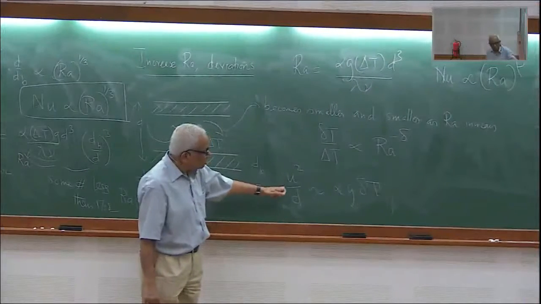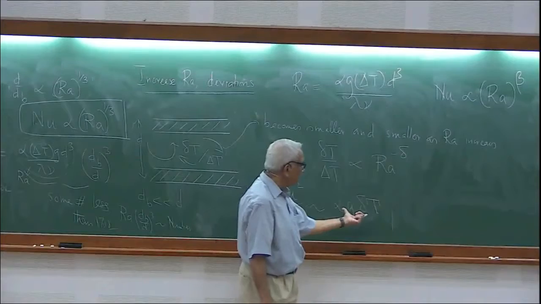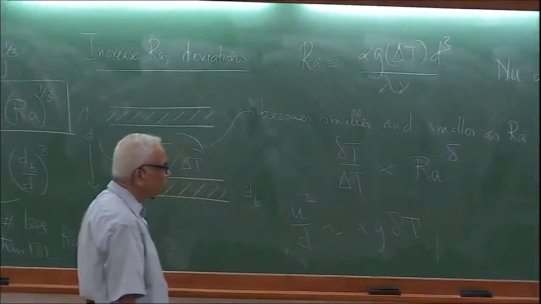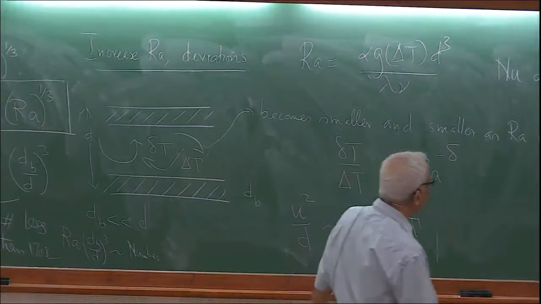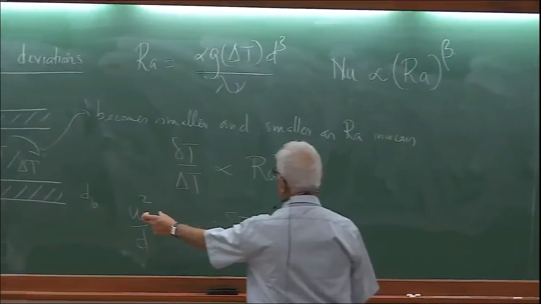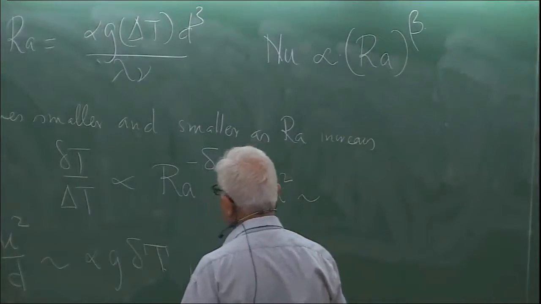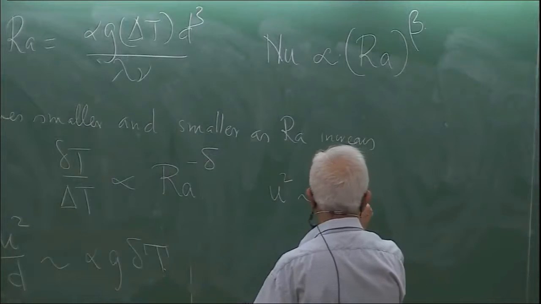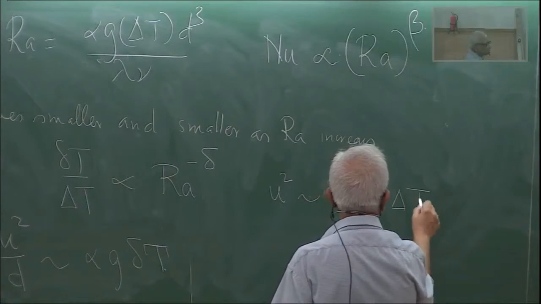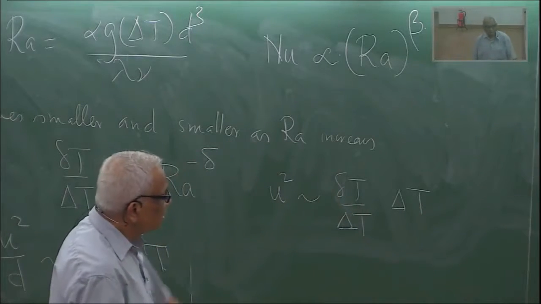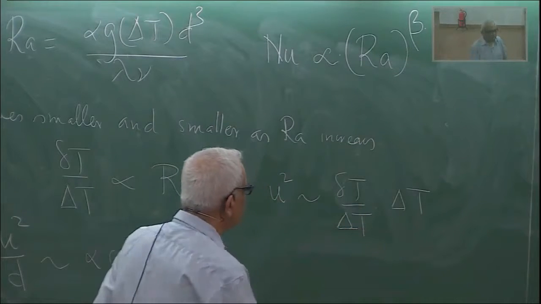So it's this u square over d that is going to be balanced over here. If I want to get a scaling for u, then u square behaves as delta t divided by capital delta T times capital delta T. This is Ra to the power minus delta. This is Ra itself.